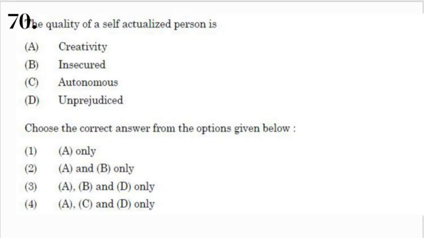The quality of a self-actualized person is... Okay, so if we talk about the humanistic and existential approaches, they have said that a person who is self-actualized will be creative.